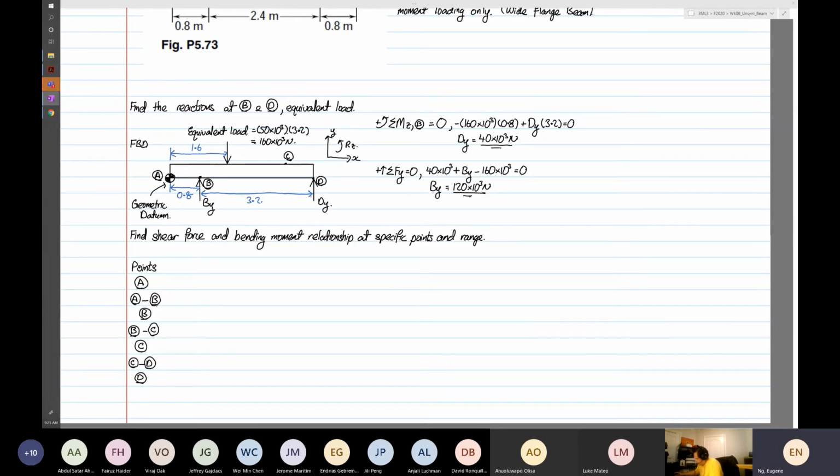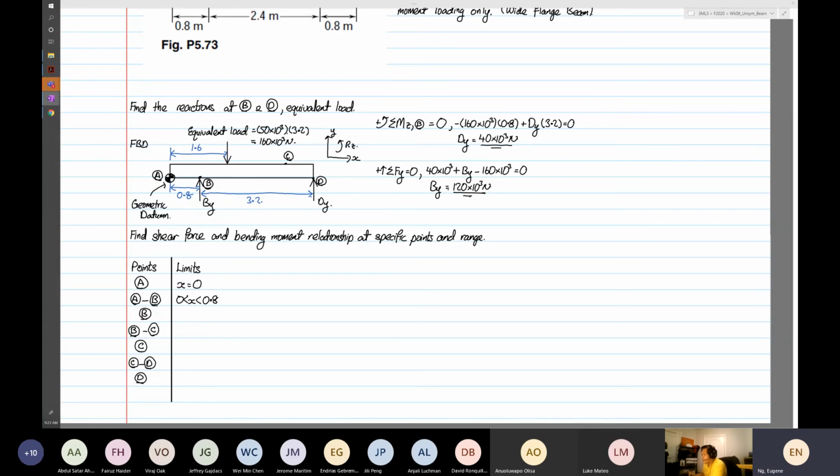So one thing I'd like to show you guys next is the limits. Because we are going to form equations, we have to know the limits. At point A, x is equal to 0, that's our geometric datum. From A to B is x from 0 to 0.8.